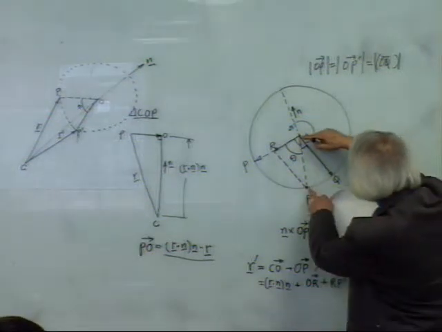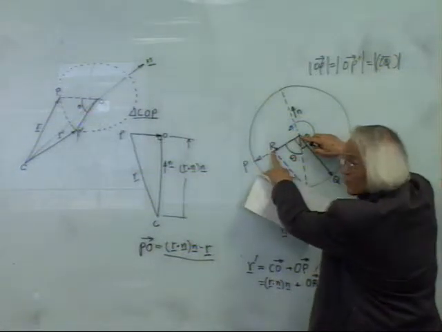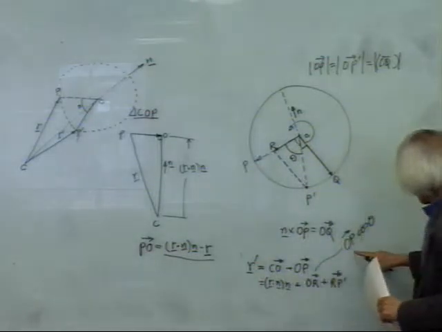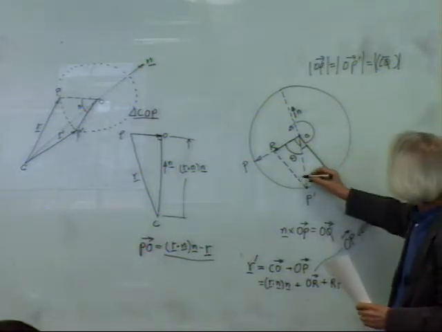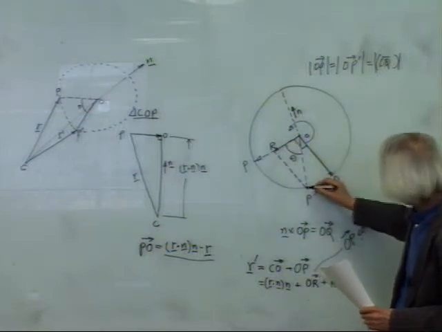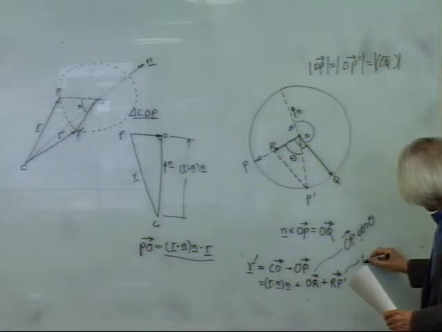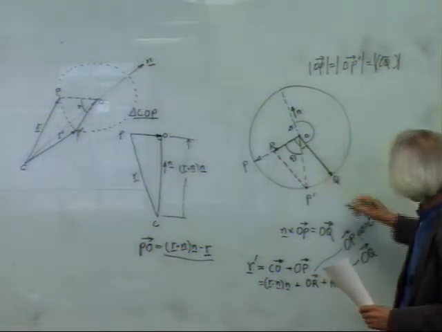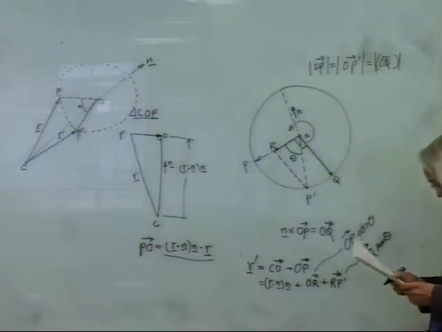So this times cosine theta is that magnitude. But the direction has to be that direction. So this is OP cosine theta. And RP prime is this distance OQ, and sine theta.